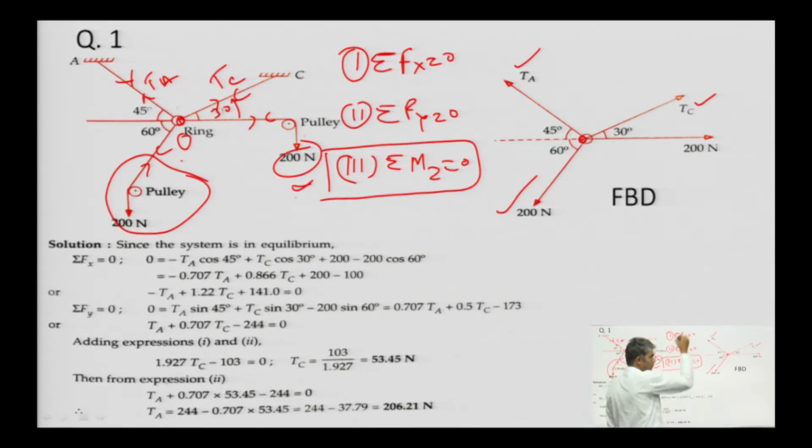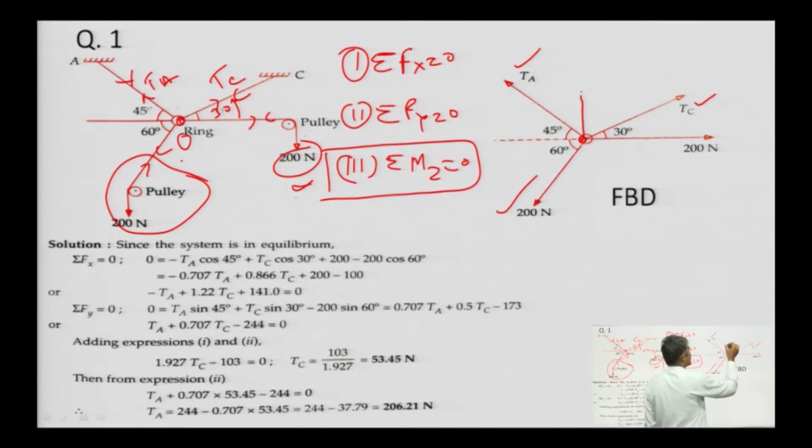With sigma Fx and sigma Fy, we can calculate two unknowns. In this FBD the unknowns are 2, TA and TC, so with two equilibrium equations we can calculate the value of both.